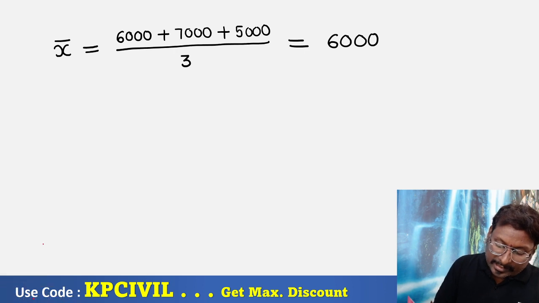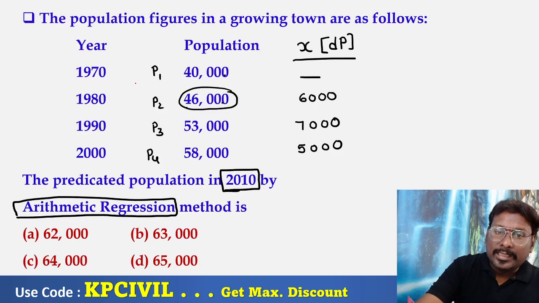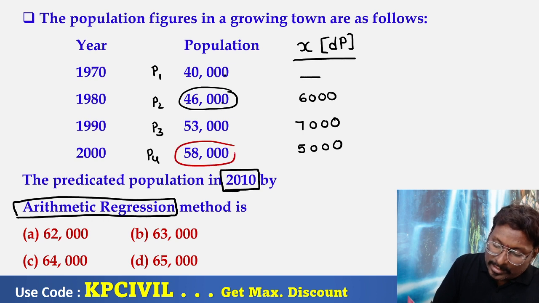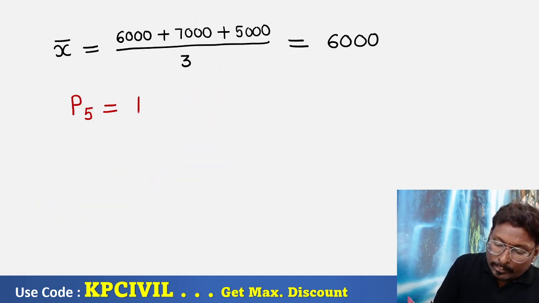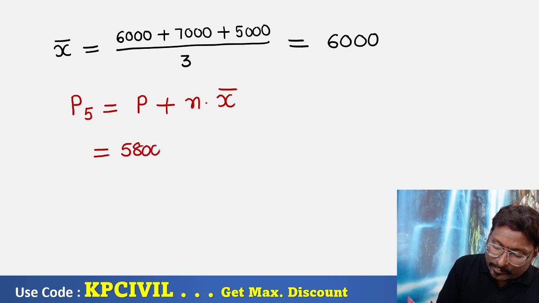You need the next decade population, the immediate decade. The last decade population is P0, 58,000. So you have to take P plus N into x bar. P is 58,000.